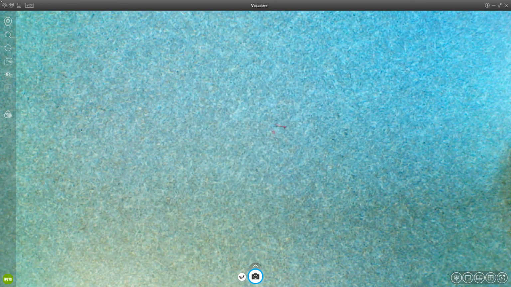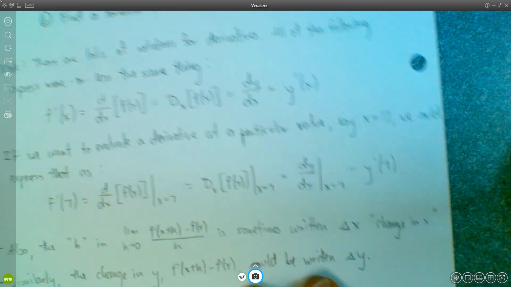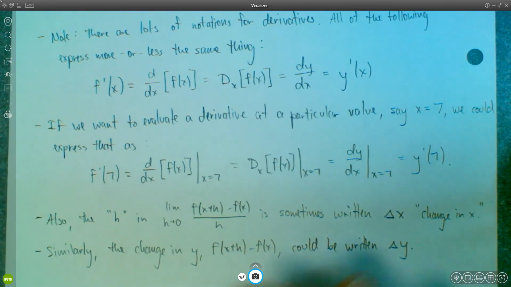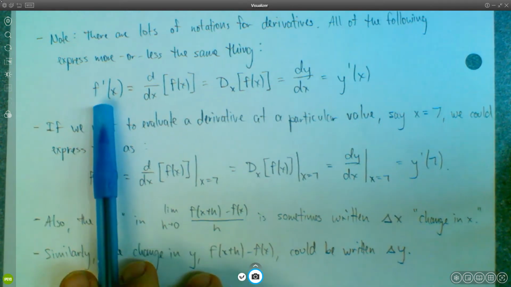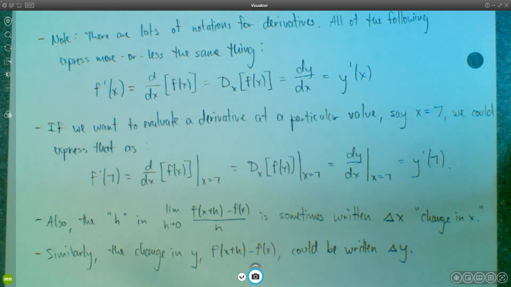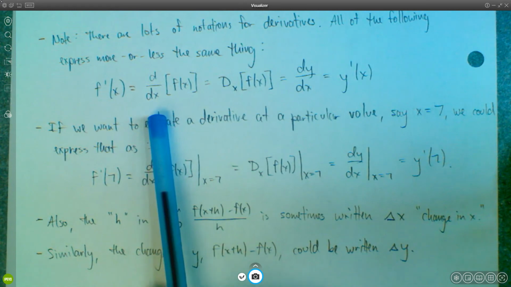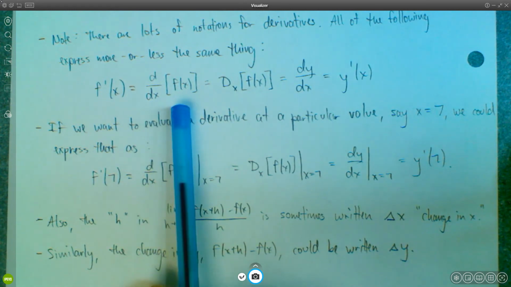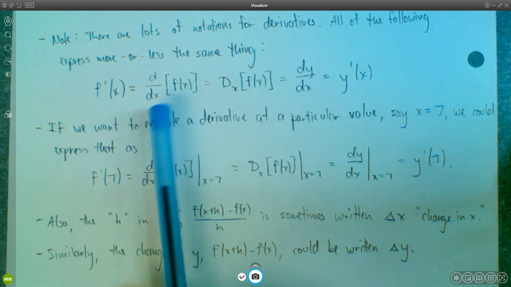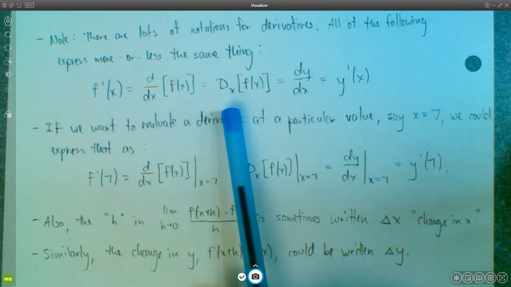Okay, so that's the derivative. That's differentiability. I just wanted to point out that there are a whole bunch of different notations for the derivative. We've been using this one, f prime of x. Another notation that you could use is d dx of f of x. Or sometimes people write that with a capital D and then x as a subscript, so they write D sub x of f of x.